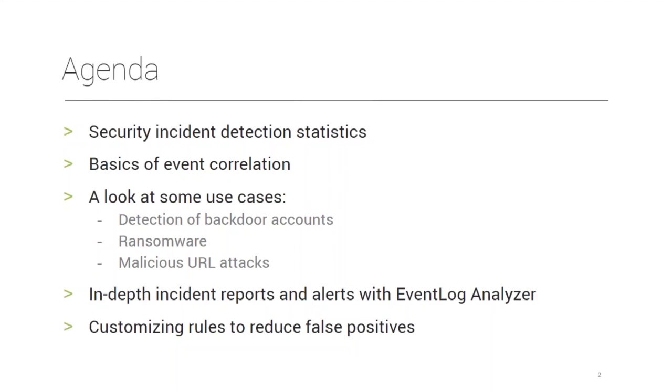Throughout the rest of the webinar, we will examine some important attack use cases that I have listed over here and see how you can use EventLog Analyzer to gain useful insights into the occurrence of these attacks. And finally, I'll also explain how you can ensure that the overall number of false positive alerts that you receive are reduced.